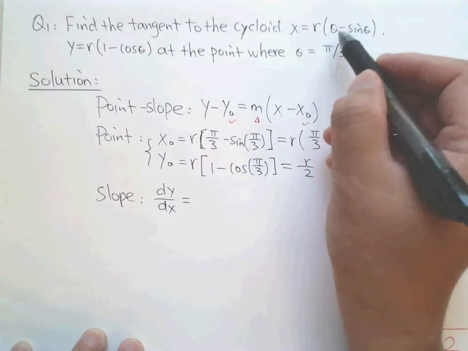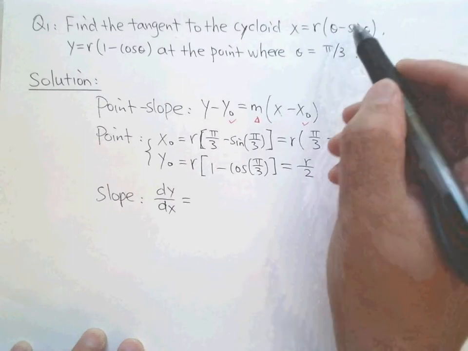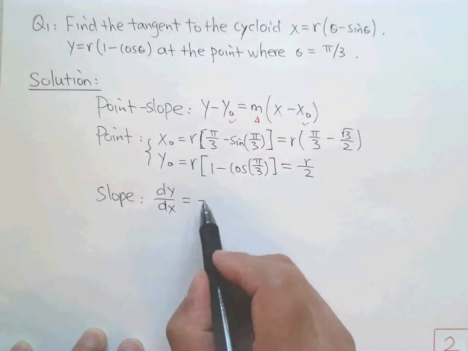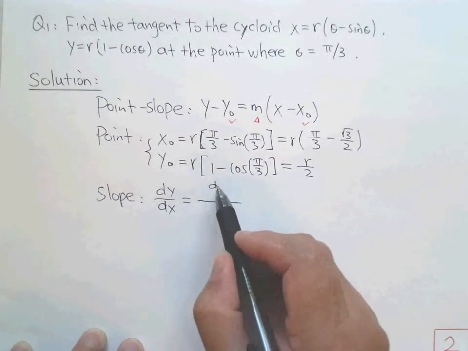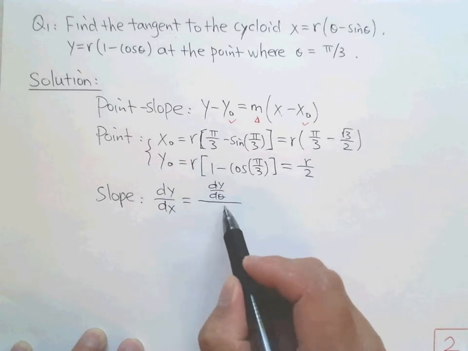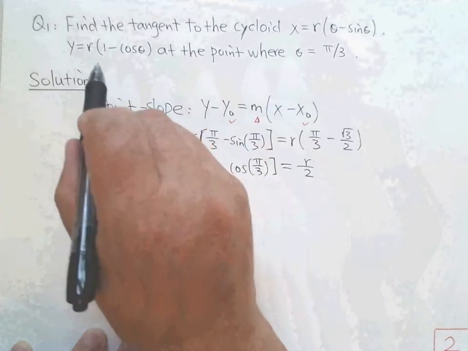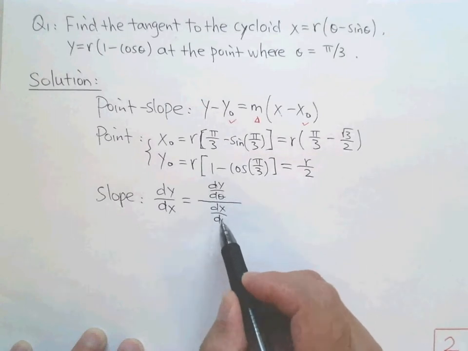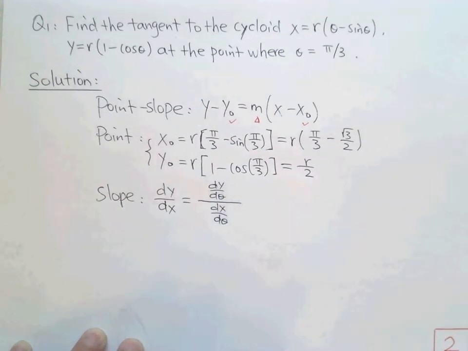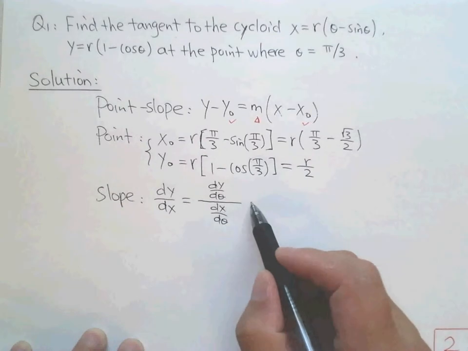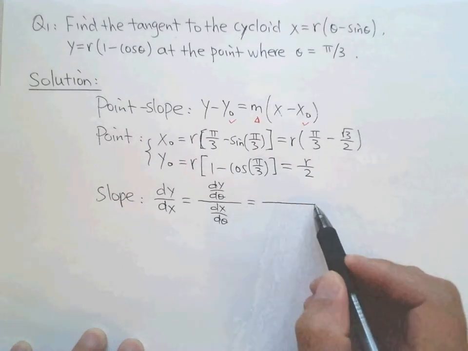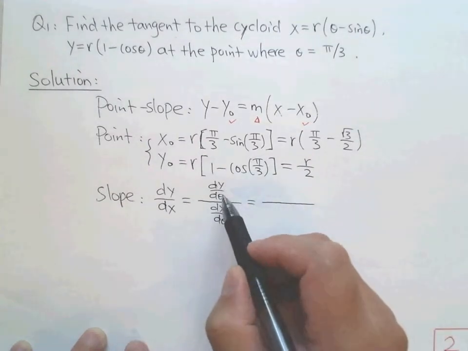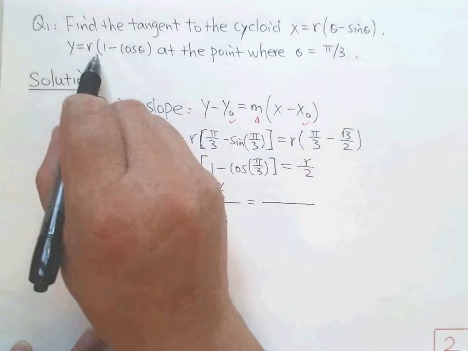This time the parameter is theta, so we need to be careful. We need dy/d theta on top and dx/d theta on the bottom. This is the formula we just discussed, and then we plug in. What is dy/d theta?